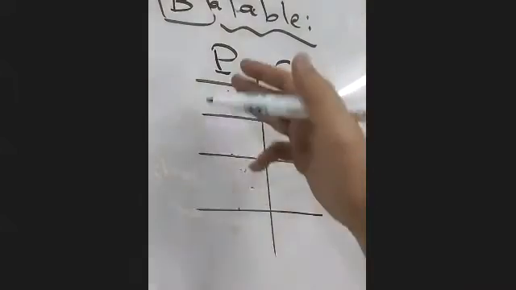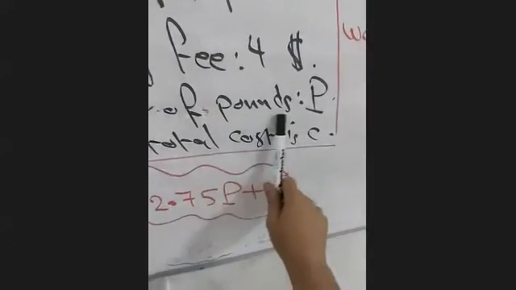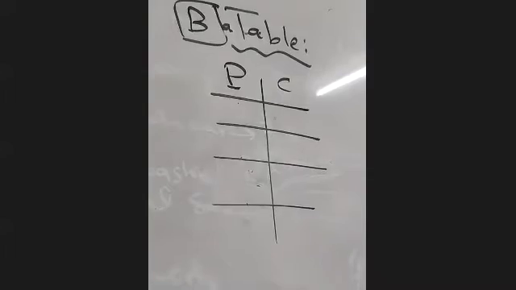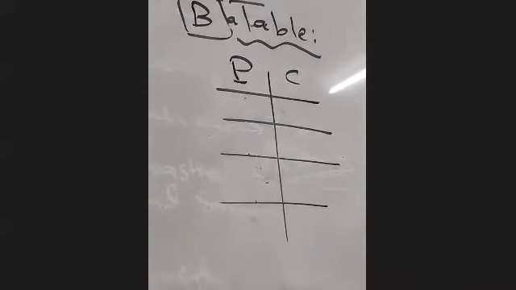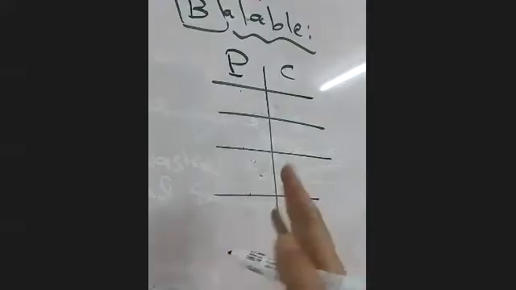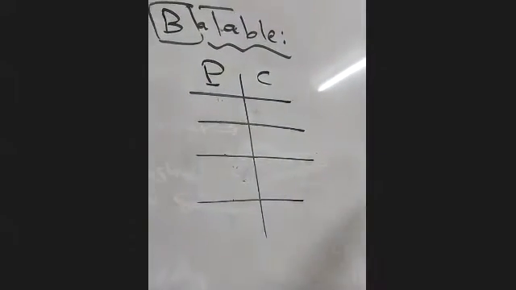Hisham can choose 9, 10, 11, 12, any numbers for P, because P is the number of pounds we can buy. I will buy 5 pounds, another will buy 11 pounds, another will buy 12 pounds. So the values of P depend on you. That's why we can make many tables.